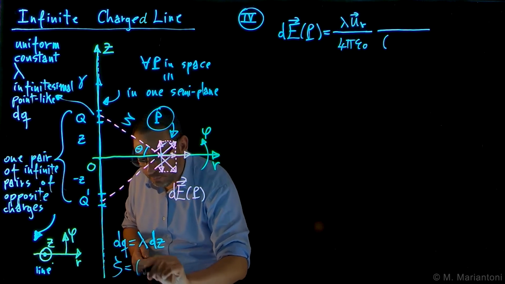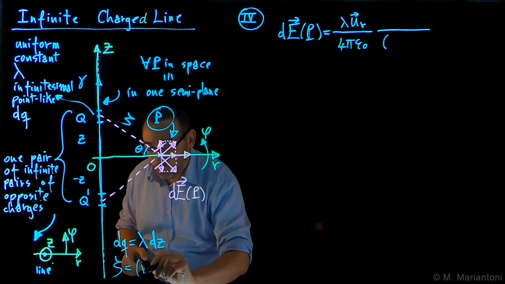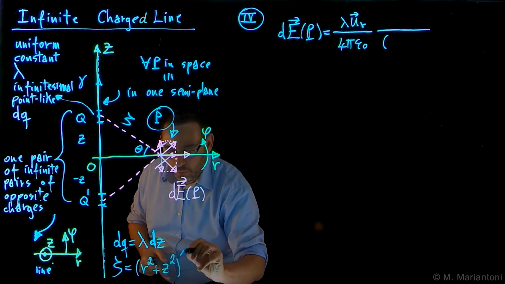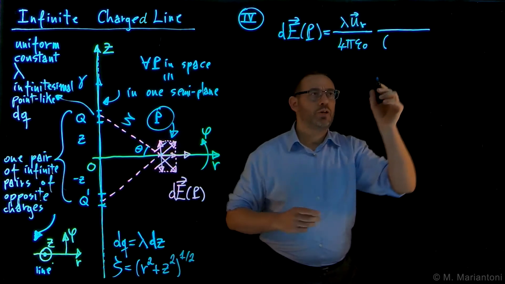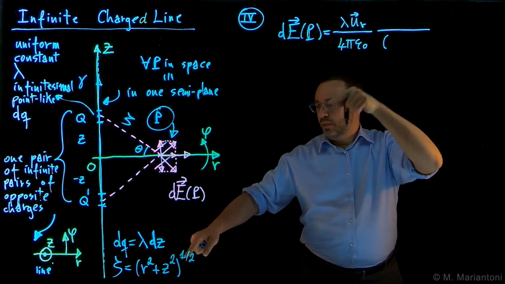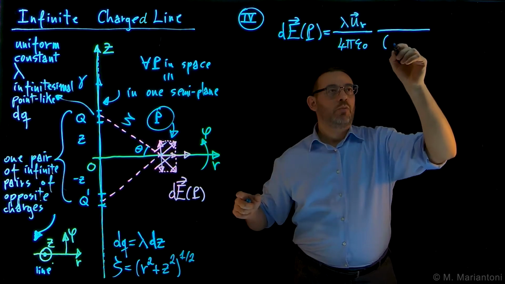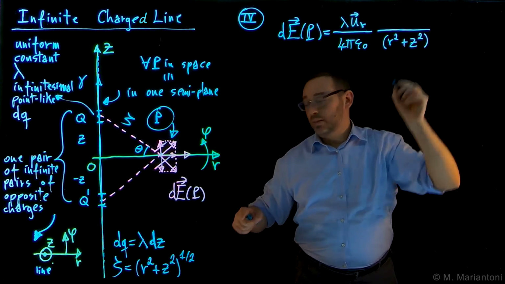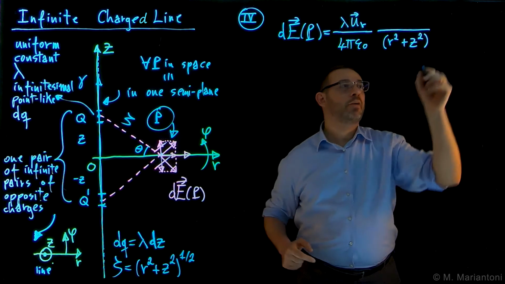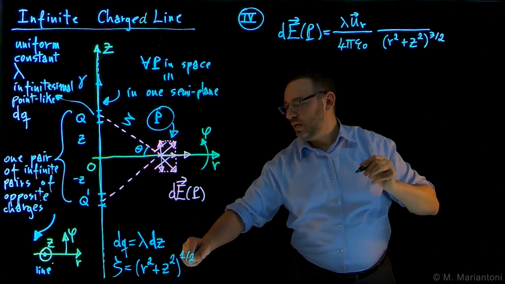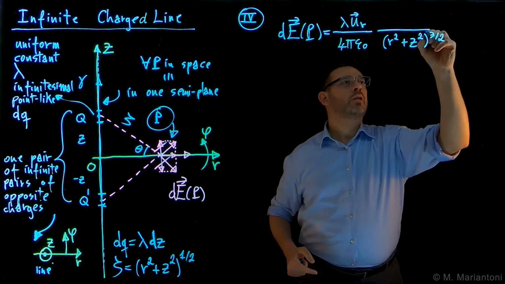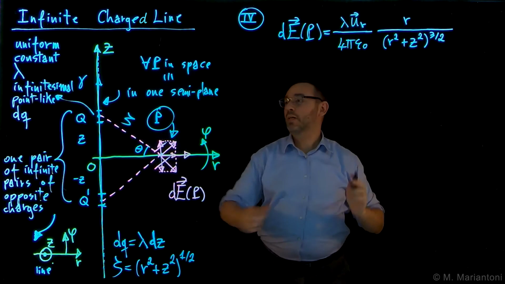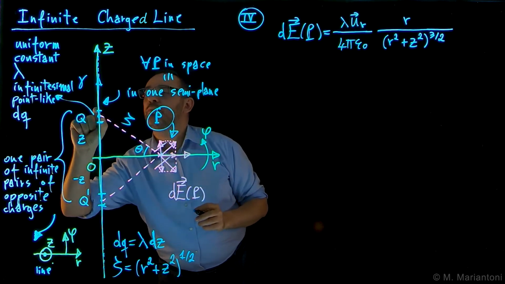Greek z is nothing but the square root of small r squared plus z squared, from the Pythagorean theorem, to the power of 1/2. So from the previous calculation, which I just erased, we're going to have small r squared plus z squared. Now this is z cubed, so it's 3/2 as always, because it's the 1/2 power of 3. Good. So that's what we get here, and here we have r.